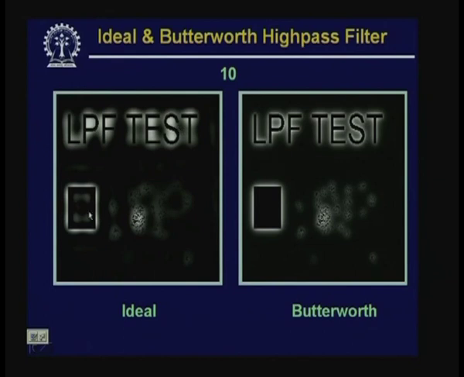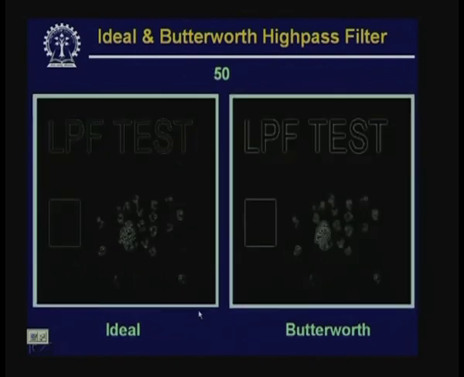On the right hand side, we have shown the response of a Butterworth high pass filter, and in both these cases the cutoff frequency was taken to be equal to 10. This one, the cutoff frequency was taken to be equal to 50.